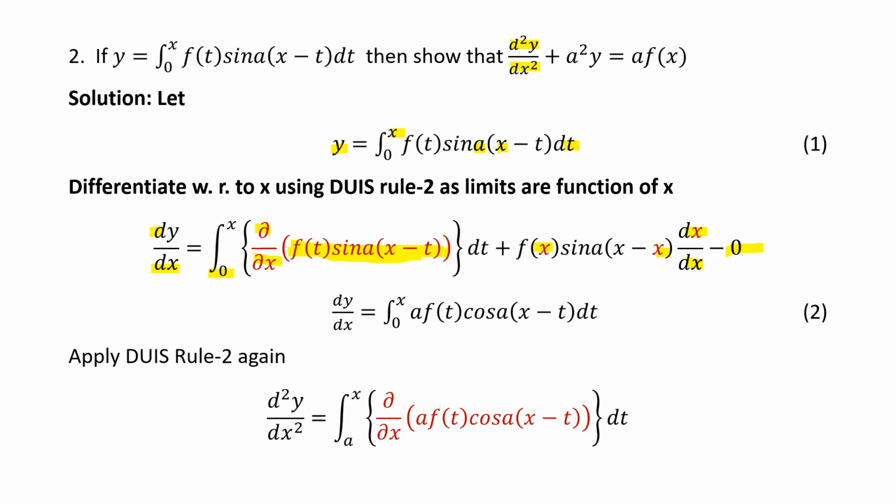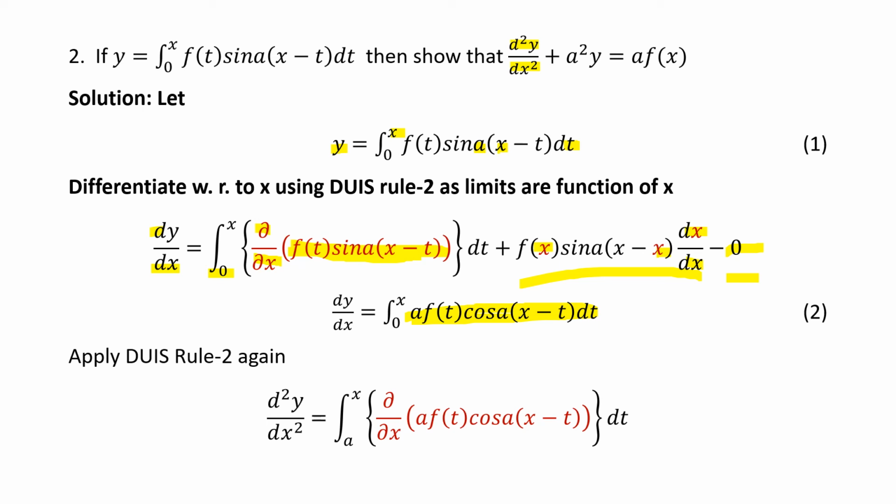Now if we differentiate with respect to x, f of t will be as it is, the derivative of sine is cos of a into (x minus t), and the derivative of a into (x minus t) is a, so we will get a into f of t cos of a(x minus t) dt. Now the second term, sine of a into (x minus x), will be sine 0, and sine 0 is 0, so this whole term will be 0, and the third term is already 0, so we get only this integral for dy by dx.